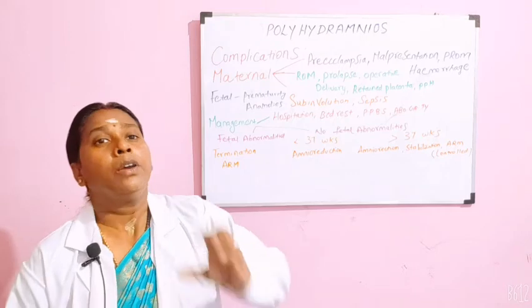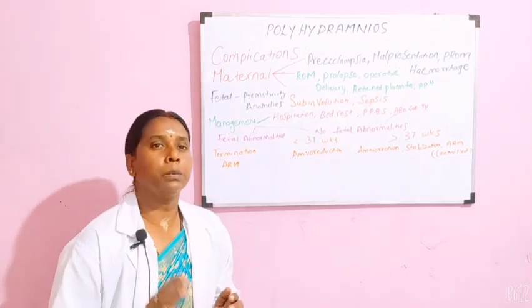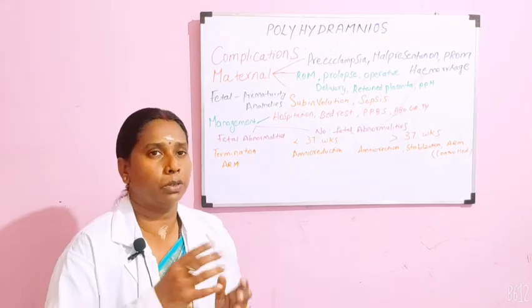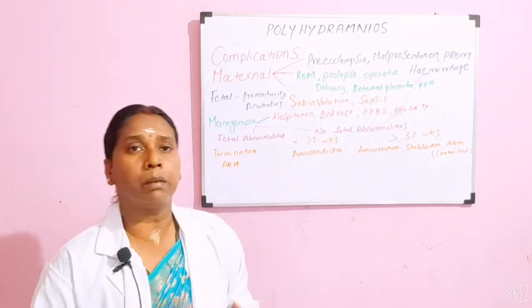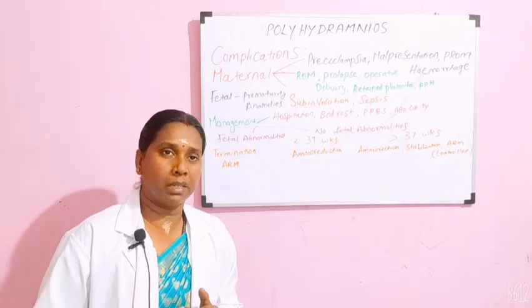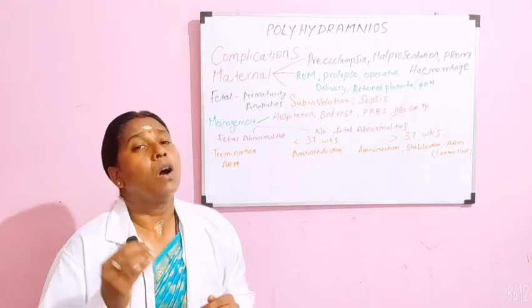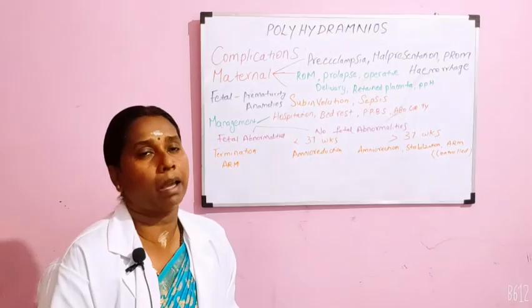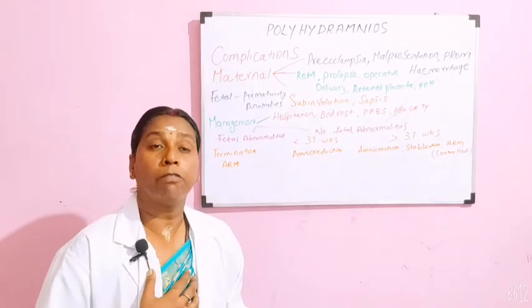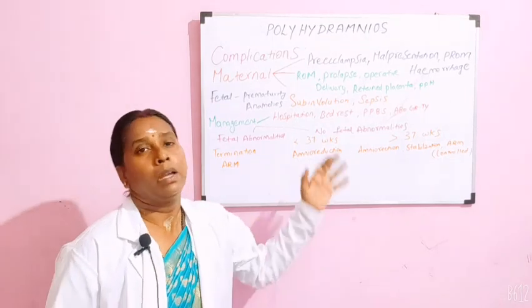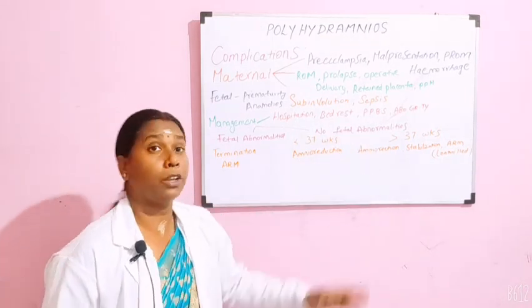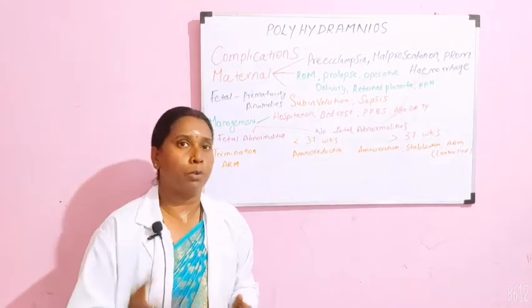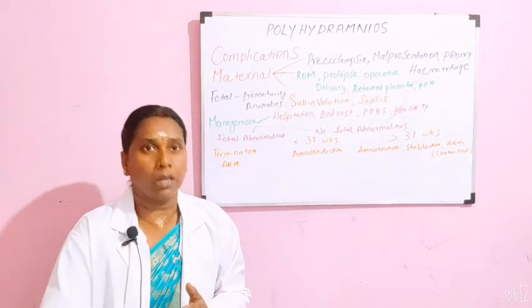So you have to hospitalize the mother when she is having complaints of breathing difficulty, palpitations or edema. Otherwise, provide adequate bed rest for the mother, as she may have breathing difficulty. Then you have to assess the postprandial blood sugar levels, where you have to suspect whether the mother has diabetes.